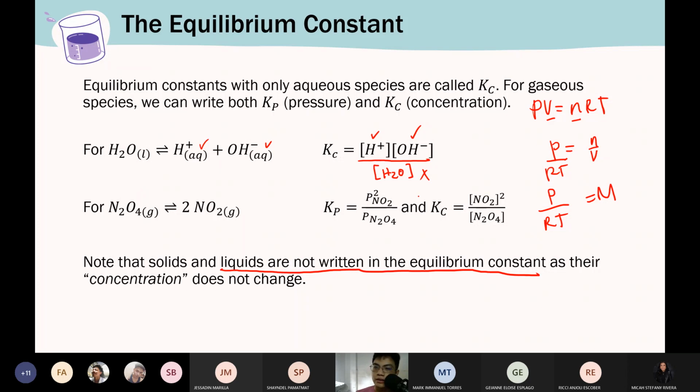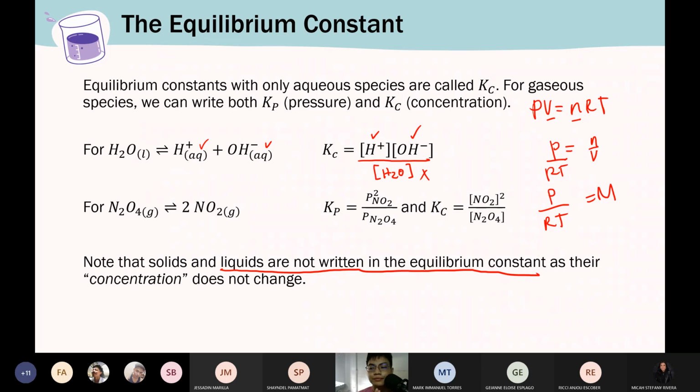Bakit kaya? Because, for general knowledge na lang din, yung nagbabago yung amount, yung nagbabago yung concentration, those are the aqueous species, and the gas species. However, when it comes to solid and liquid, they don't change at all.